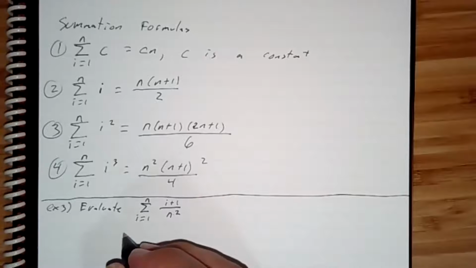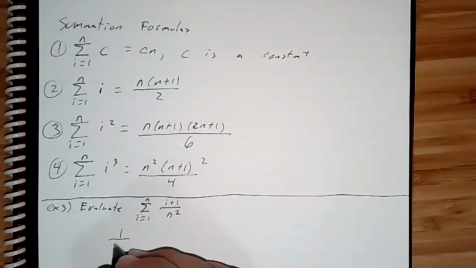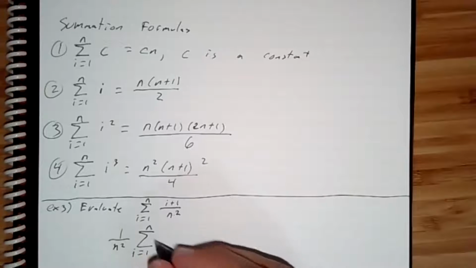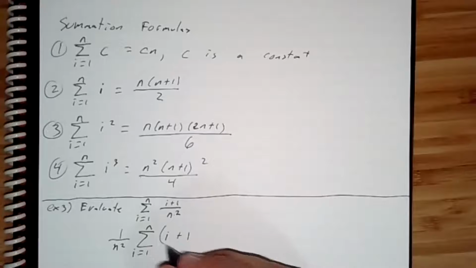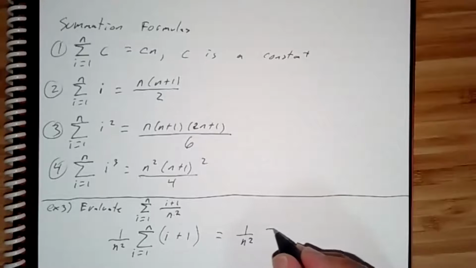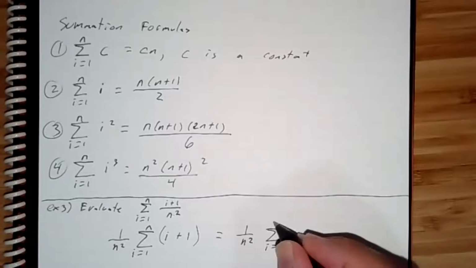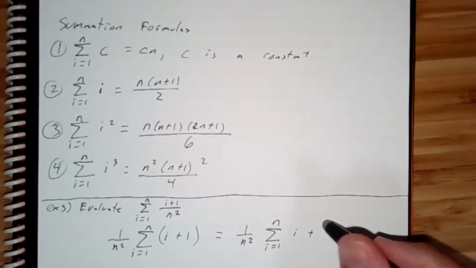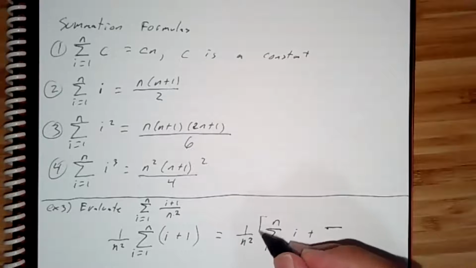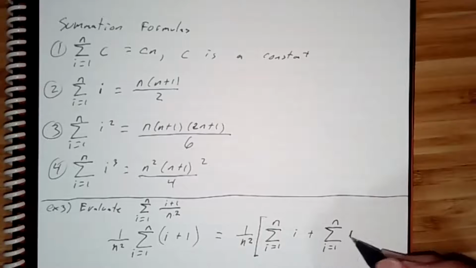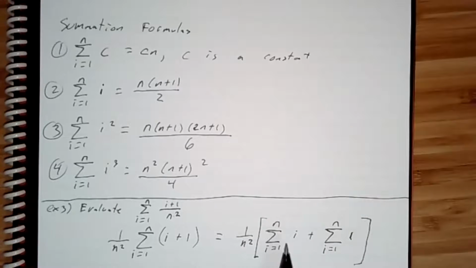So I'll deal with the i plus 1 first, and then you can separate the summation into two separate summations: the i and the 1, with the 1 over n squared outside. You can apply the formula to these two, right?